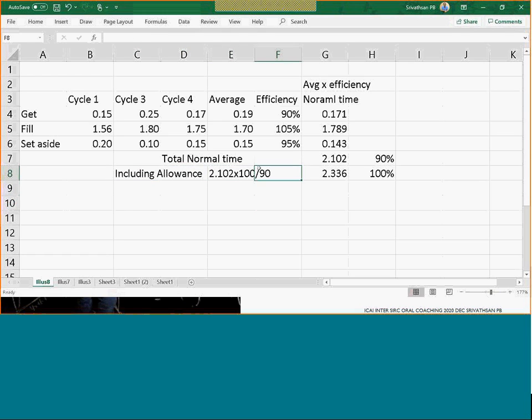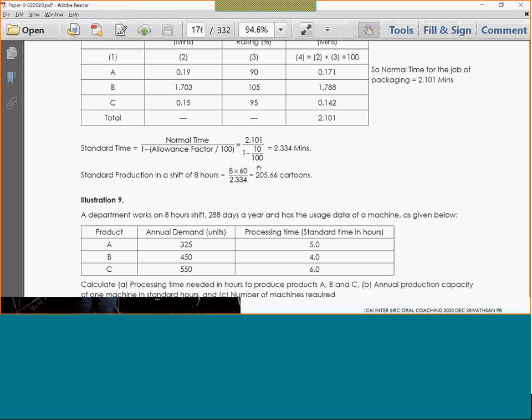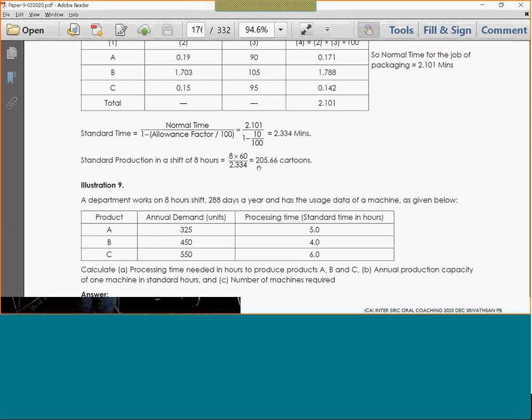So 2.102 into 100 divided by 90. This is 90%. Your 100% time is 2.33. And then in 8 hours, 60 minutes divided by that gives 205 units, 205.66 cartons.